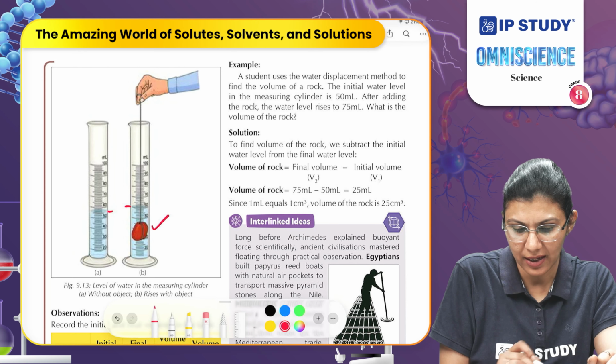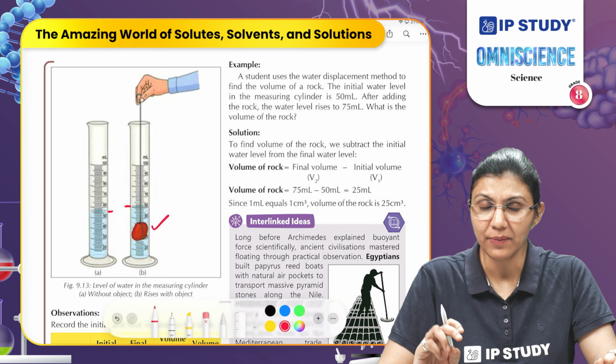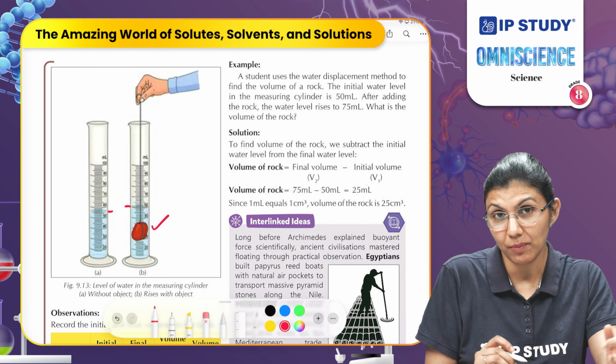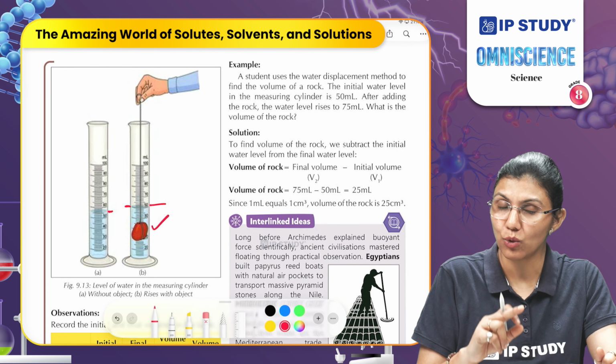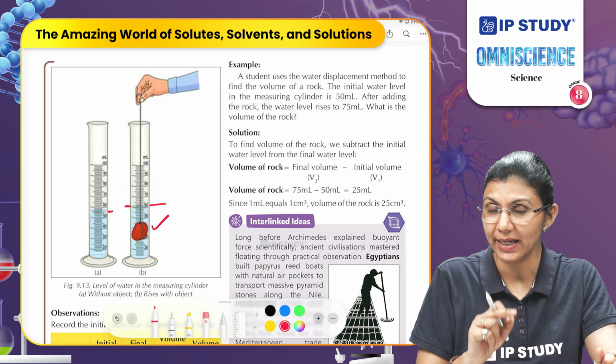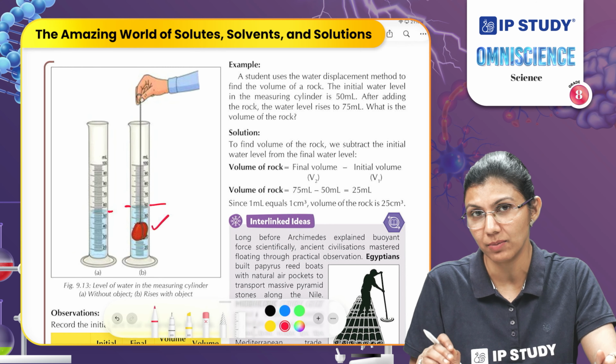Earlier it was at a lower level. Now we bring our eye to this level and note down the volume of water in the cylinder, which is volume 2.